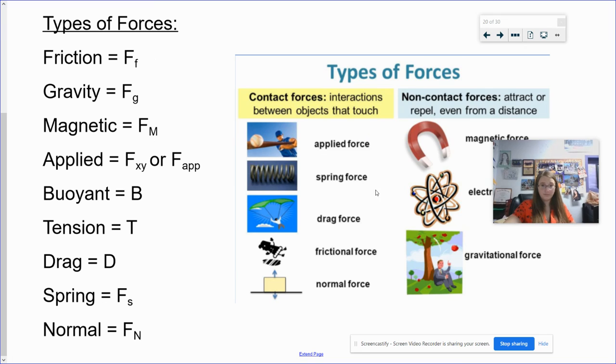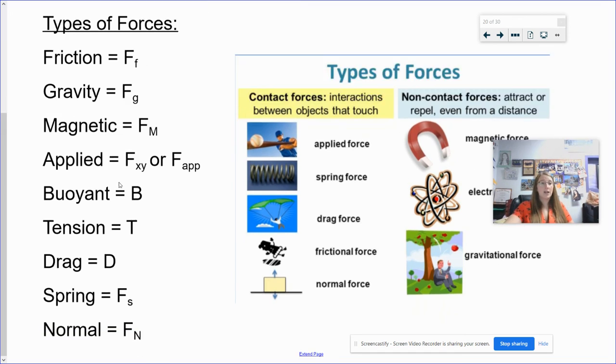Drag, again, that's going to be a contact force because that's you in contact with the air. That is a contact force because air is a physical object, right? Versus gravity is not. Springs, we can talk about springs later as well, like a slinky, or just a spring. And the normal force is something we are going to learn later.